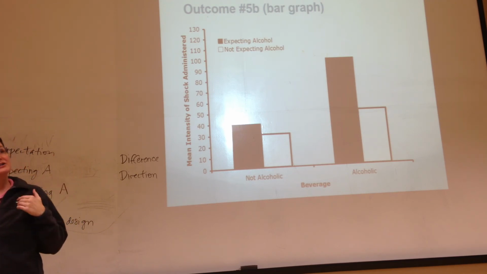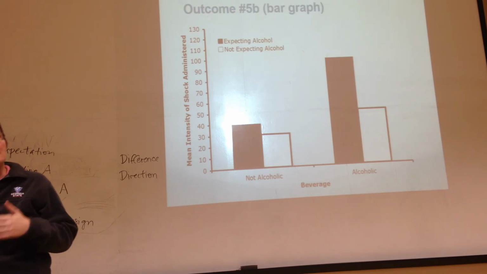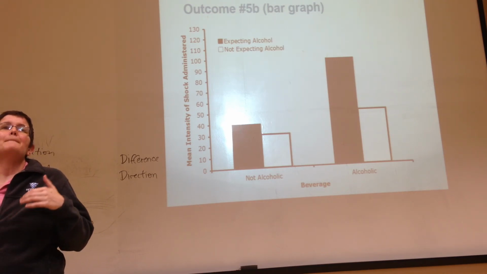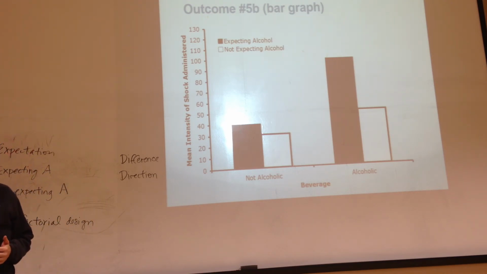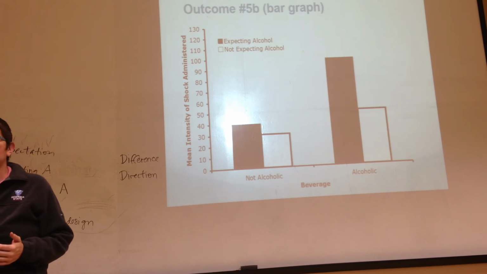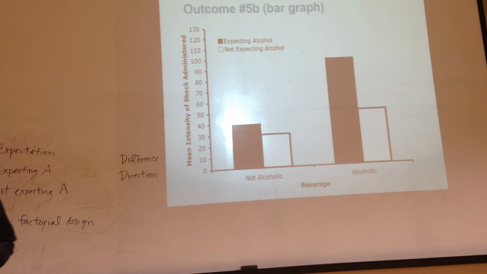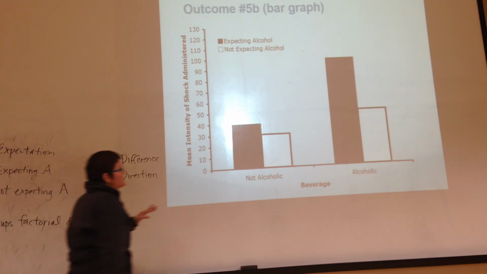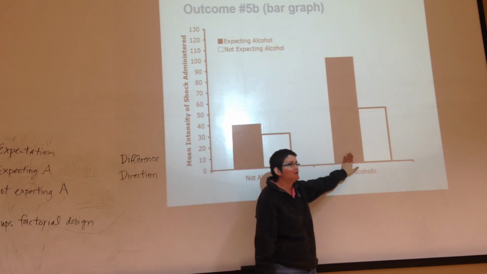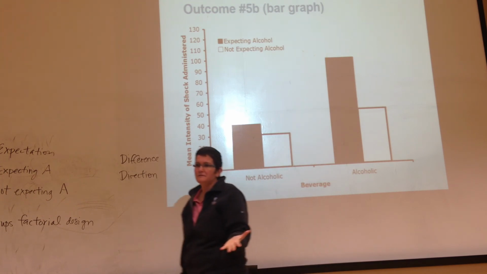So even though the direction is the same, black taller than white, the amount that black is taller than white is not the same. And so that's what the interaction looks like in this graph. So we have an interaction of those two things. And in this case, I think it's even easier to see that this particular combination of conditions is really different from the others.